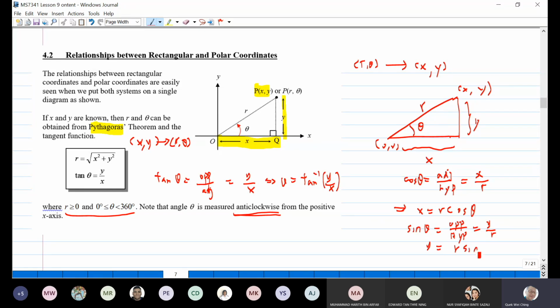So these two formulas tell you how to convert r, theta to x, y. So x is this one, y is this one. Right? So this is the link between all this connection. So that was this page for you.